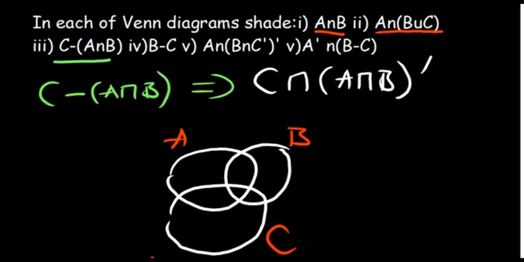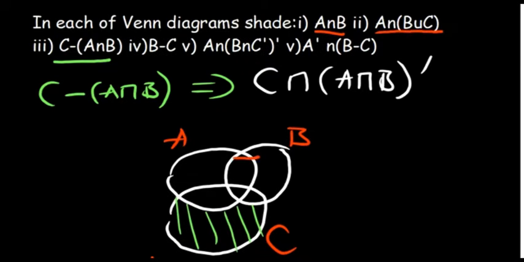Okay, so C minus A intersection B, it means that we are interested in the region that is part of C. And what is our C in this case? What region is part of C? So this is the region that is part of C. This is the entire region of C. Now we are trying to exclude the part that is part of the intersection of A and B. So which one is the intersection of A and B?